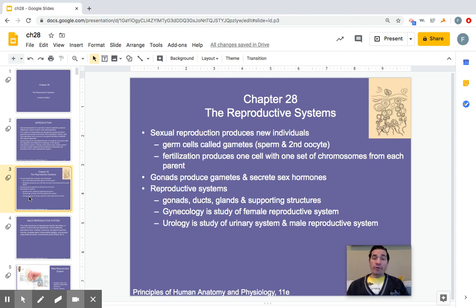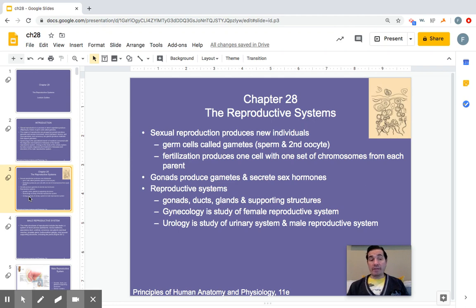And you will notice that the gonads for that individual will produce a larger quantity than the adrenal cortex. So we have to consider that that's an important feature. But we also have hormones produced in the adrenal cortex that will produce the secondary sex characteristics of that gender also.